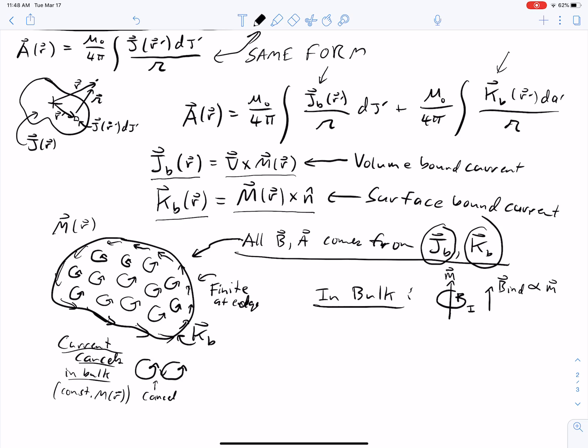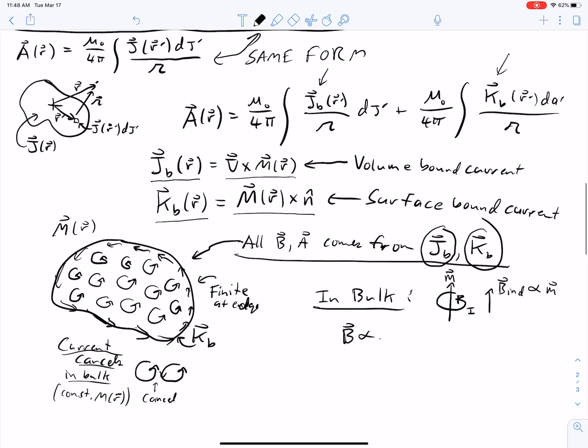And so we can think that the B field in the bulk is proportional to the magnetization in the bulk.